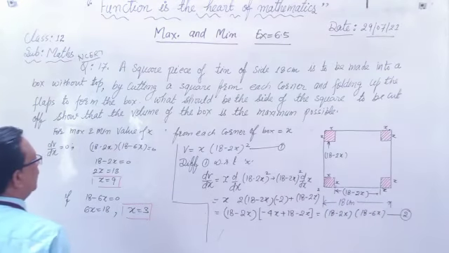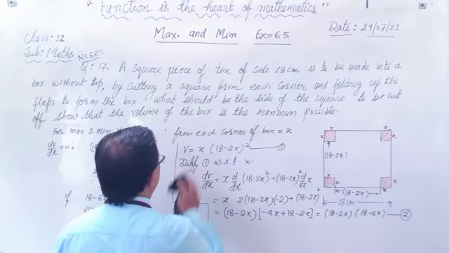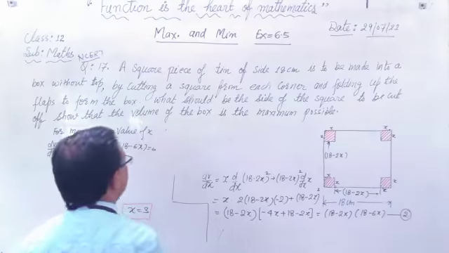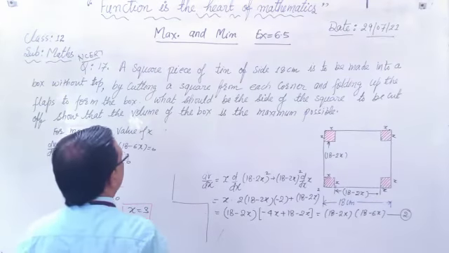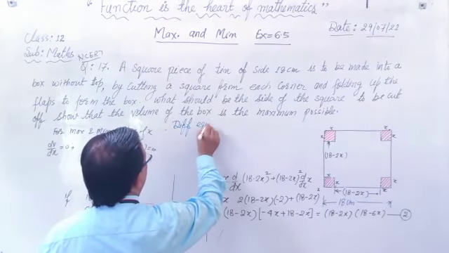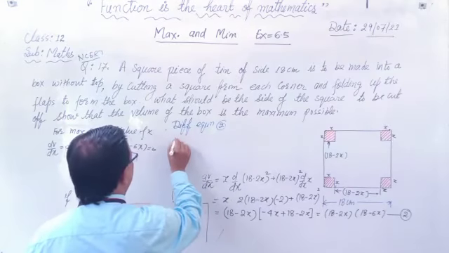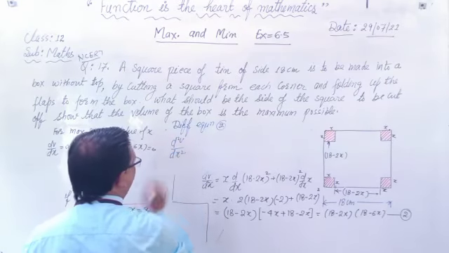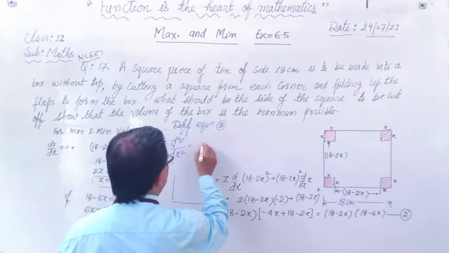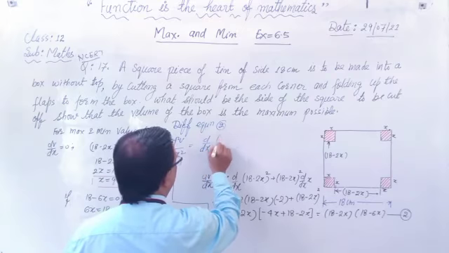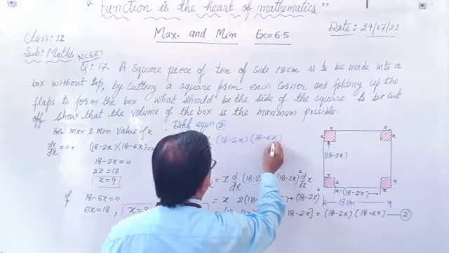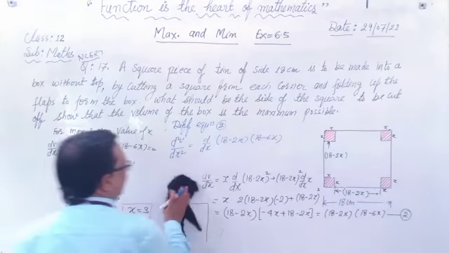So differentiating the equation, we get d square v upon dx square and d upon dx of 18 minus 2x, and this is your 18 minus 6x. So this is your second equation.